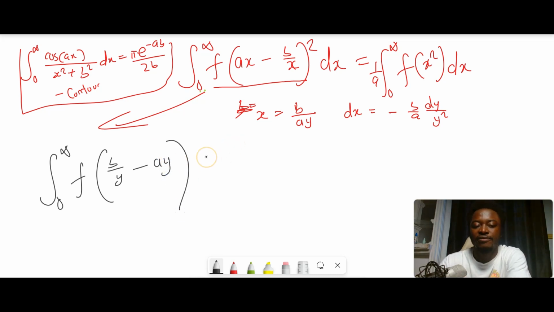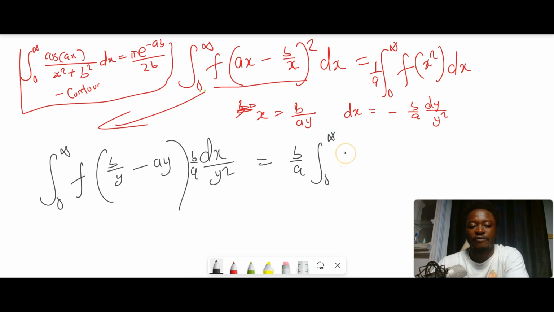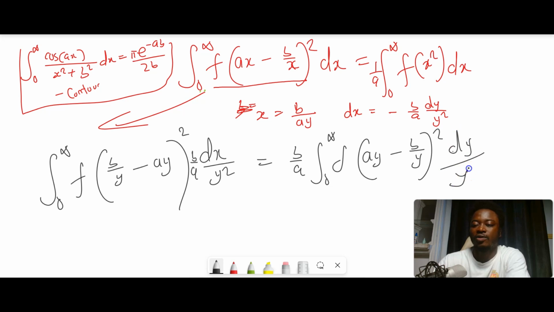Then you have dx, which is b over a times dy over y squared. So that would be b over a times the integral from 0 to infinity of f of (ay minus b over y) all squared, then dy over y squared. The reason I wrote it this way is because there's a square here, so these expressions are essentially the same thing, no difference there.